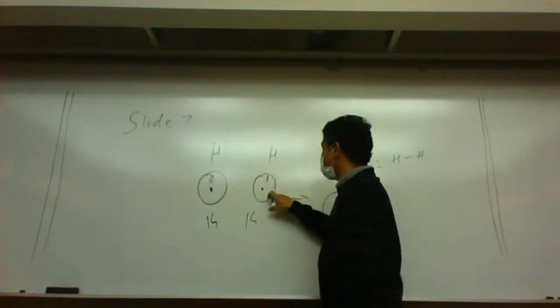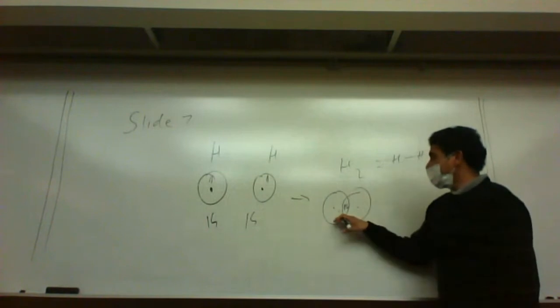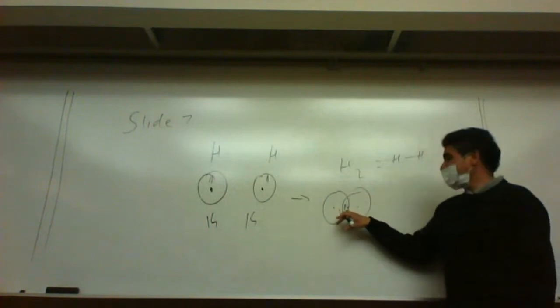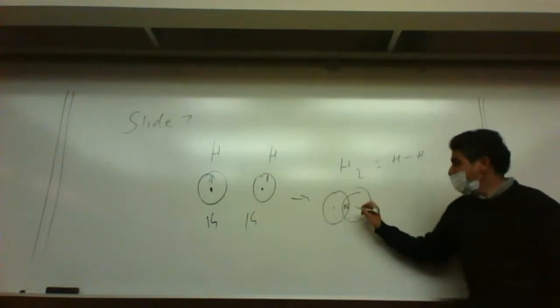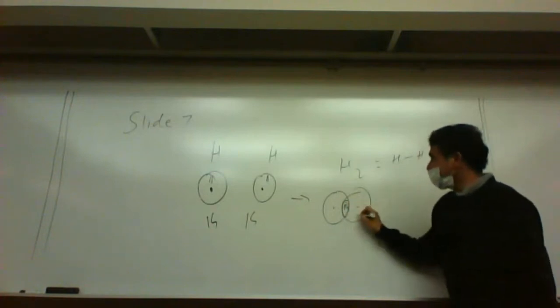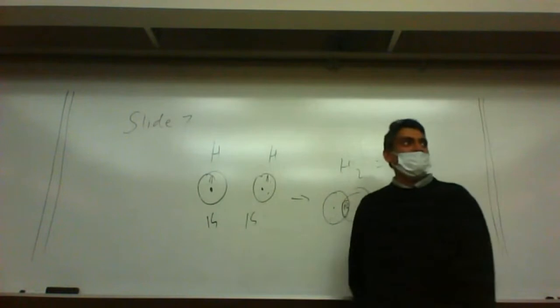But when they form the molecule, the orbital sits mostly between these two nuclei, and the electron is most likely found in this region, not this region, not this region, whereas here you could find the electron everywhere.